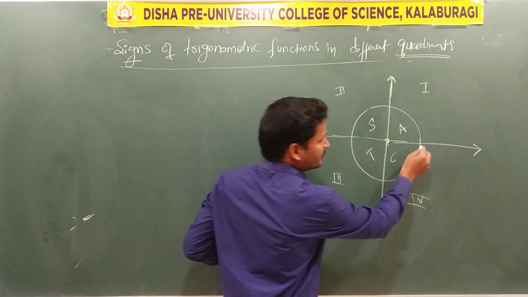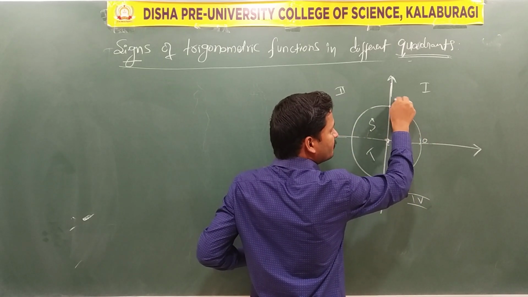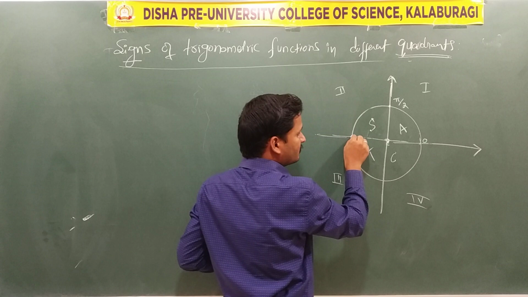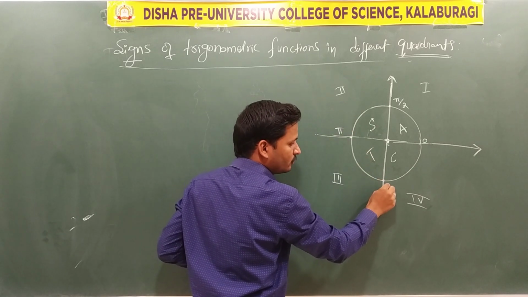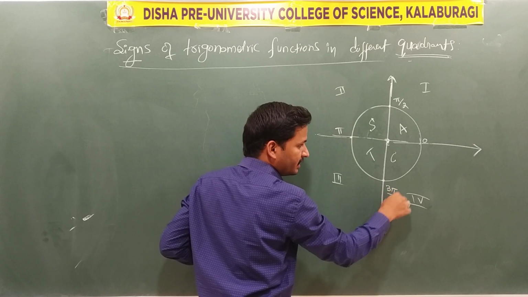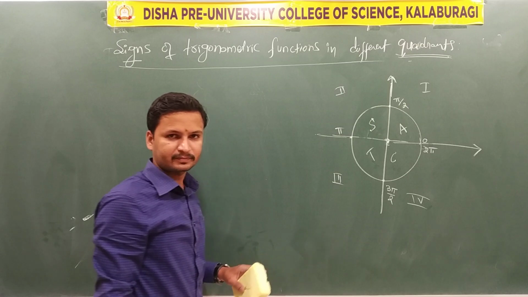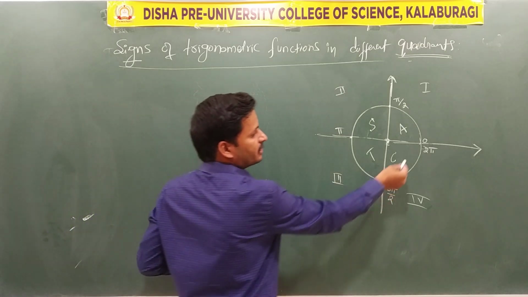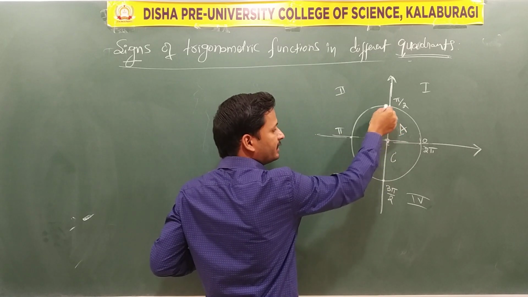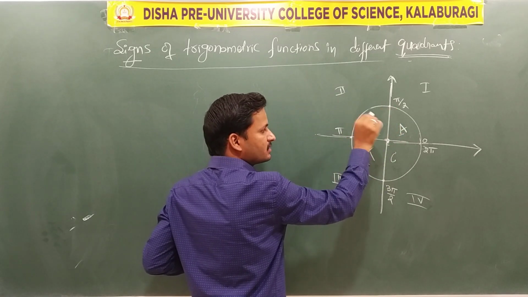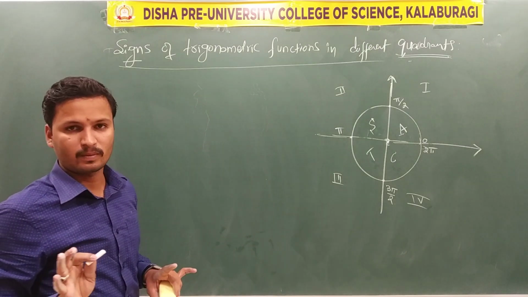Suppose this is 0 degree, this is 90 degree, that is pi by 2. Next, this is 180 degree, that is pi. This is 3 pi by 2, 270 degree, and this is again 360 degree, that is 2 pi. So 0 to 90 degree all are positive, that is in first quadrant. 90 to 180 degree, second quadrant, sine and cosec are positive, remaining are negative.